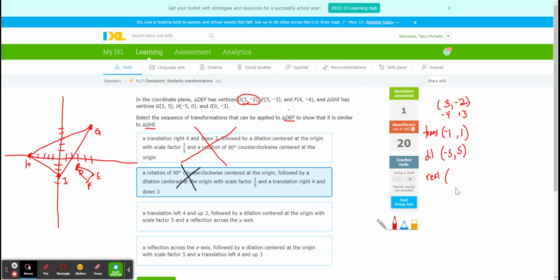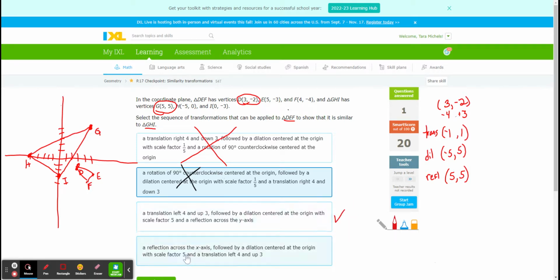If you need to get those notes back out from Unit 2, look up all those rules. It's a reflection across the y-axis. If you remember, it changes the sign of the x value. So since it's -5, it becomes +5. So let's see, is that point G? It is. I think this one is correct.